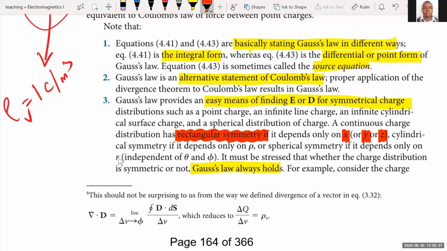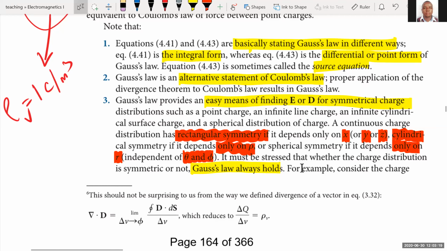Then we have the cylindrical symmetry that depends only on rho, and the spherical symmetry that depends only on r. The symmetry is dependent on theta and phi, or on z and phi for the cylindrical symmetry. You will see that shortly, so don't worry. You'll see how each of those points is evaluated and made clearly visible.